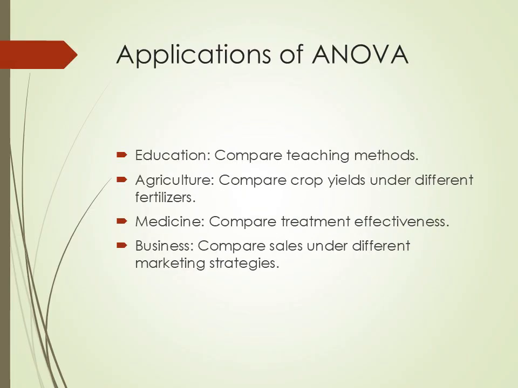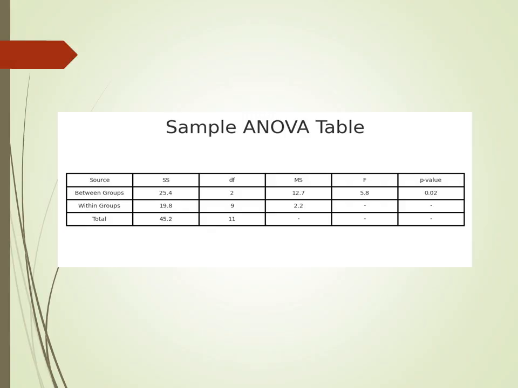What are the applications of ANOVA? ANOVA has found a lot of applications now: in education to compare teaching methods, in agriculture to compare crop yield under different fertilizers, in medicine to compare treatment effectiveness, whether clinical, aquatic or any field, and finally in business to compare the sales under different marketing strategies. So this is a sample ANOVA table.